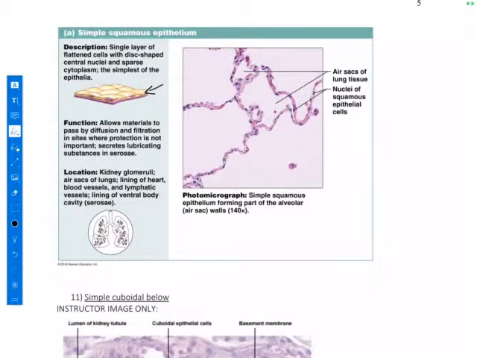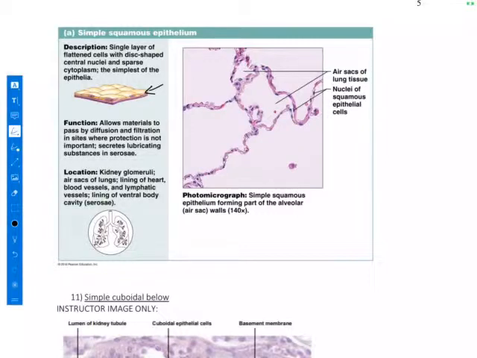Some examples of this would be the alveoli, or the tiny microscopic air sacs of the lungs. That's alveoli. Also, the little tiny filters in the kidney that produce urine, called glomeruli. A single one is glomerulus.